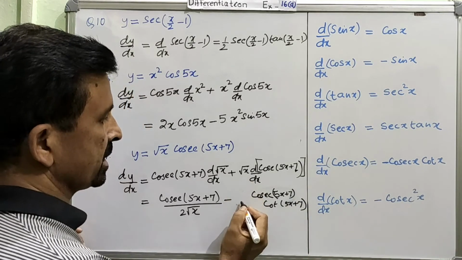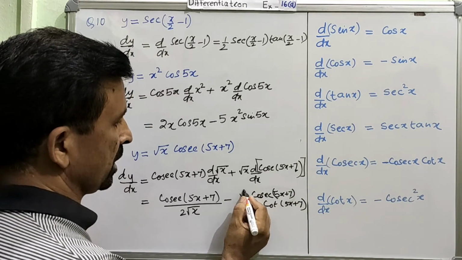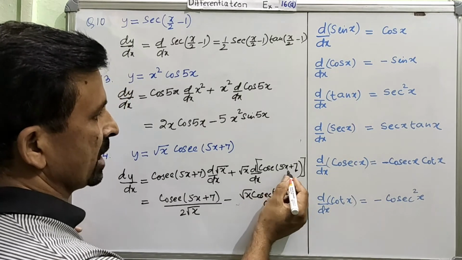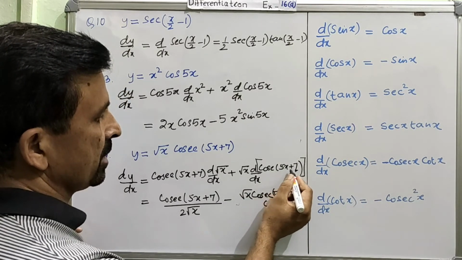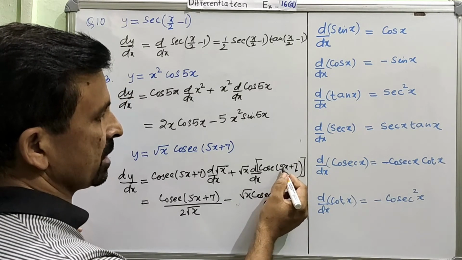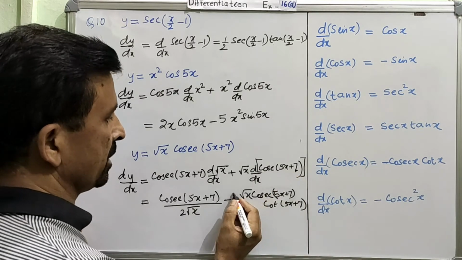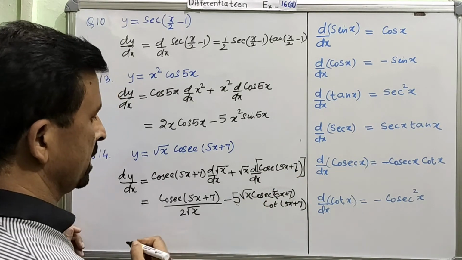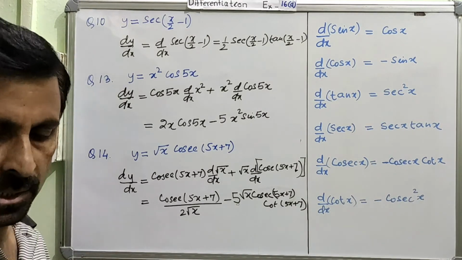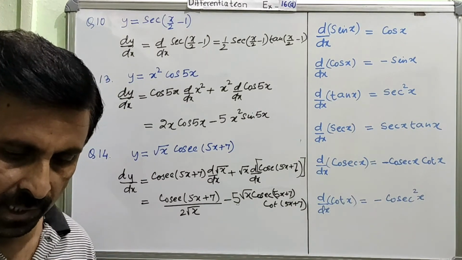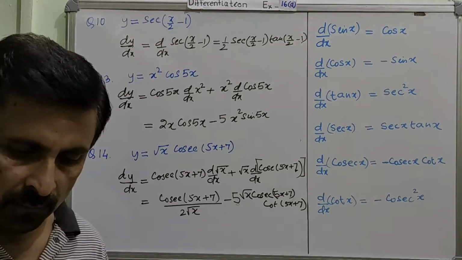This root x is as it is, and now the derivative of the given angle. So the derivative of this angle will be just 5. So this is your answer. Hope I am very clear. This was your question number 14.